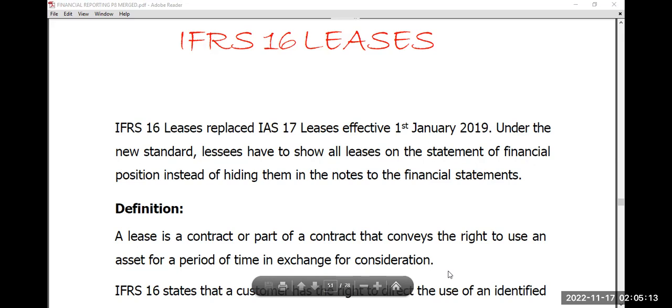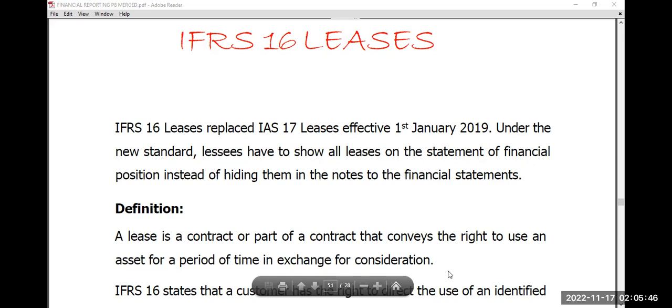We are looking at this as a new standard, by far one of the newest standards. The second newest was IFRS 15, revenue from contracts with customers, but this one is the most recent.